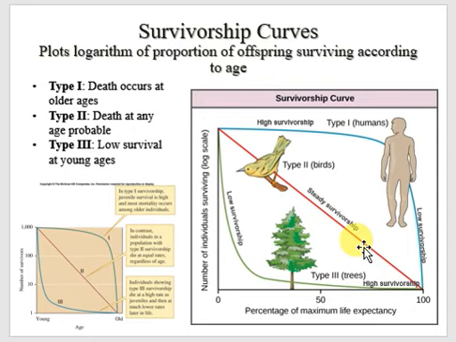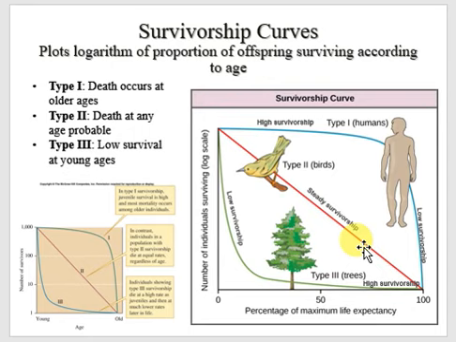So this individual is equally likely to die at age 1 as it is to die at age 15. There's no real skew as far as survivorship more towards the younger or older years. It's steady throughout that lifetime.